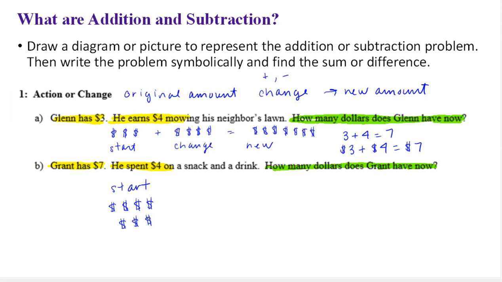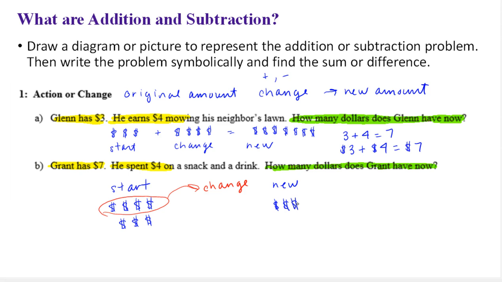And when the change or the action takes place, he spends $4. So how could we denote that? I'm going to circle 4 of the dollars, and I'm going to write change here. So we take that away. And then our new amount is going to be what's left over after we take away the $4, which is $3.